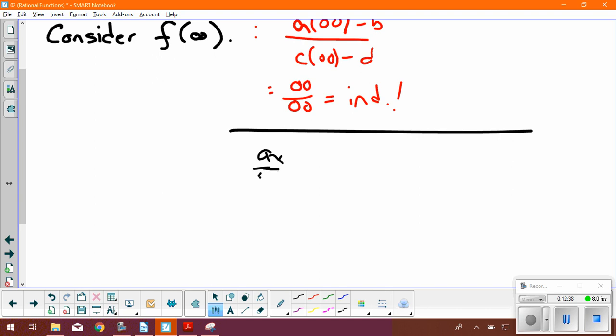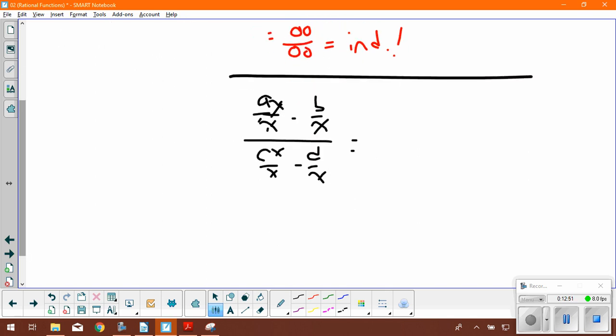So I had ax, now it's over x, minus b over x, cx over x, minus d over x. Okay, so when I tie this up, I get a minus b over x and c minus d over x.